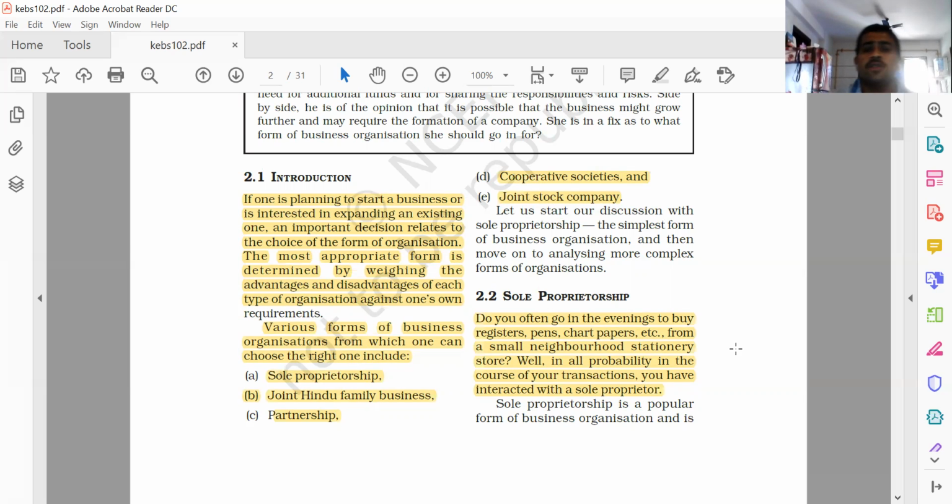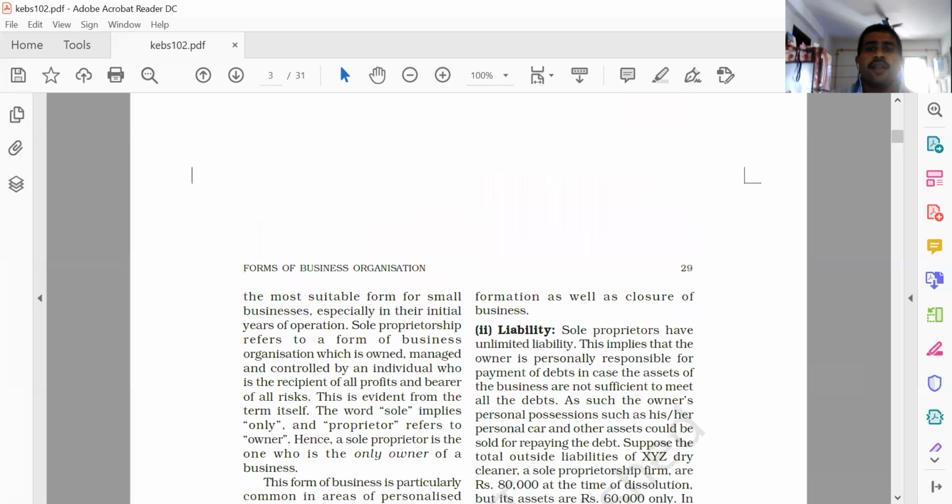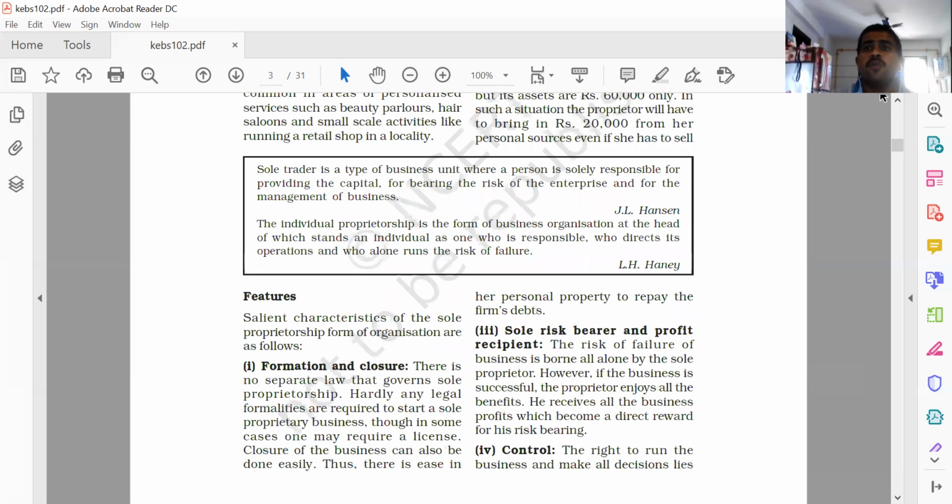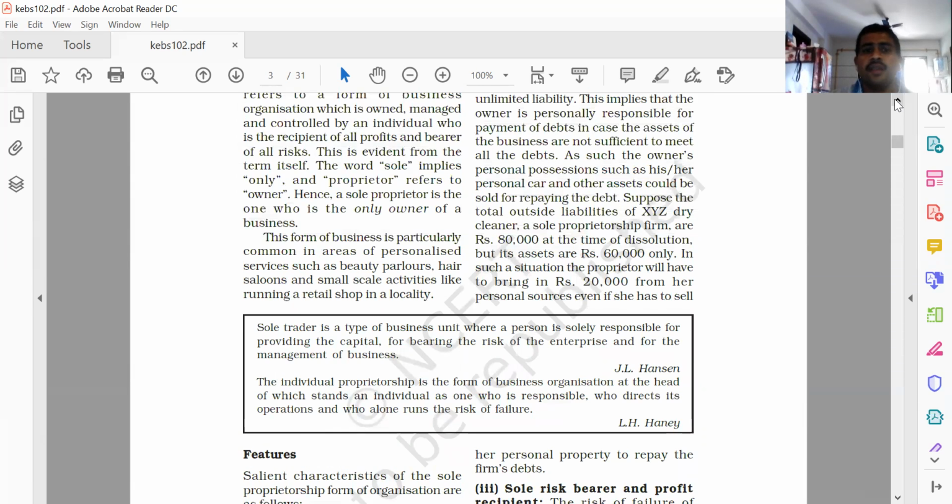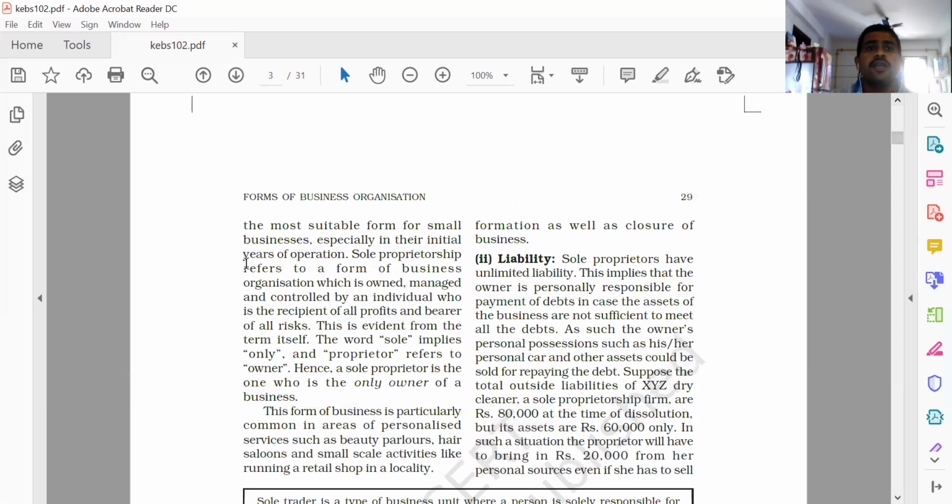Clear? Sole proprietorship is a popular form of business organization. Why is it popular? Because mostly 90% of business is done by the sole proprietorship. And the organization is most suitable for small businesses, especially in their initial year of operation.